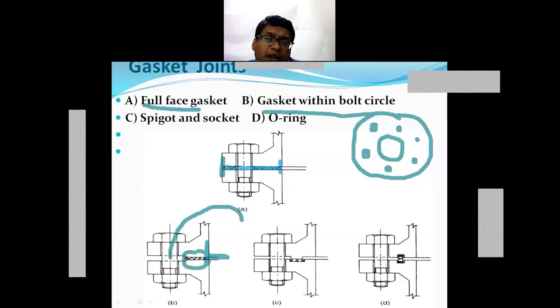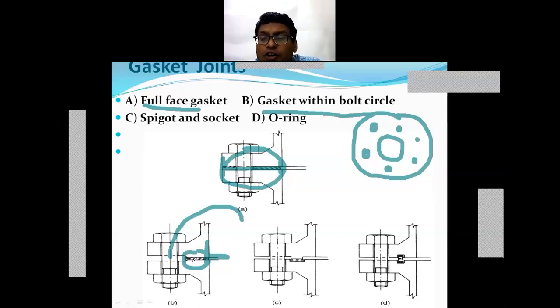In the full face case the flanges will be completely covering one another, and in the gasket within the bolt circle diameter, only one surface area is in contact, that is the raised surface area of the flanges. There we can see the gasket.